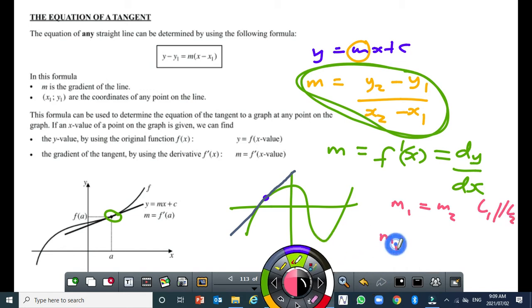Also, m1 times m2 equals -1 if L1 is perpendicular to L2. You need to know that not only in paper 2, in analytical geometry, but in calculus as well, you may get a question where you need to know that. Any question there before I carry on?